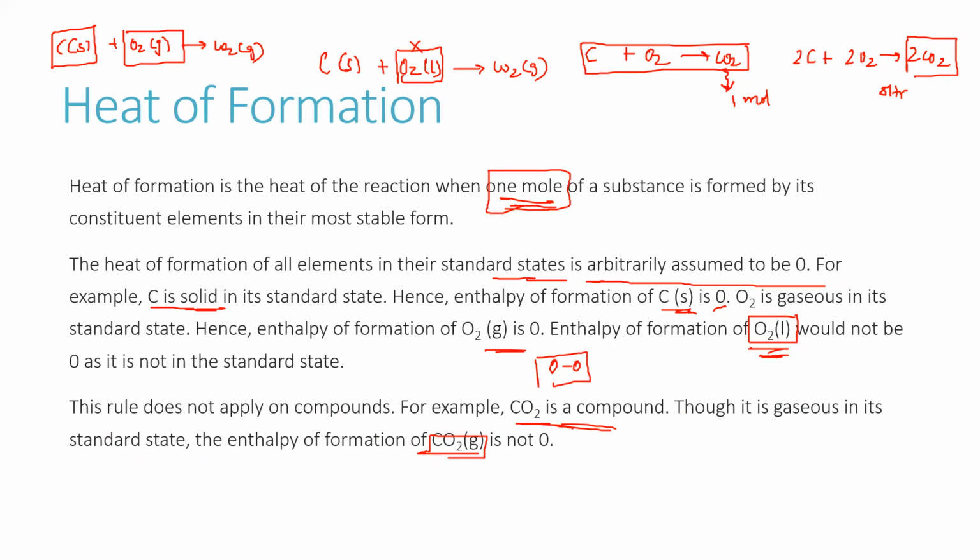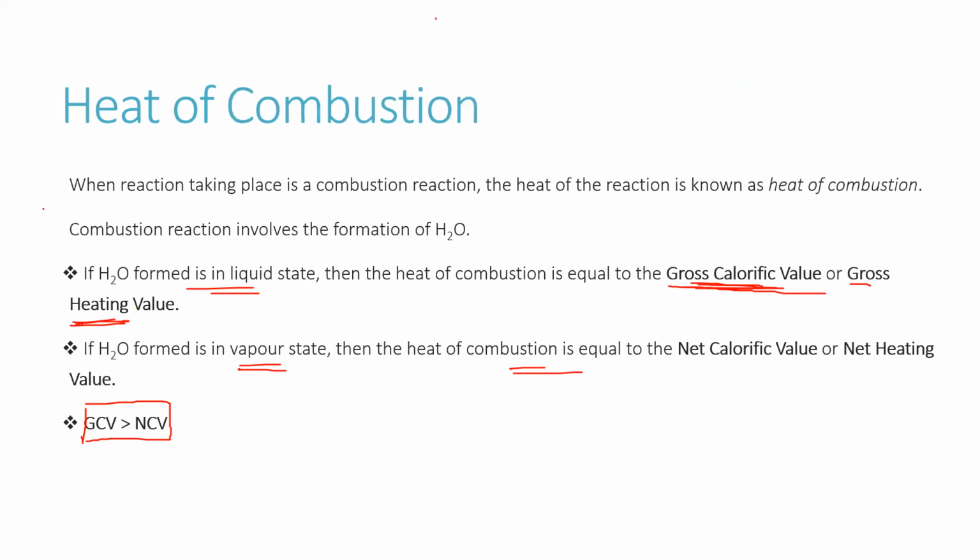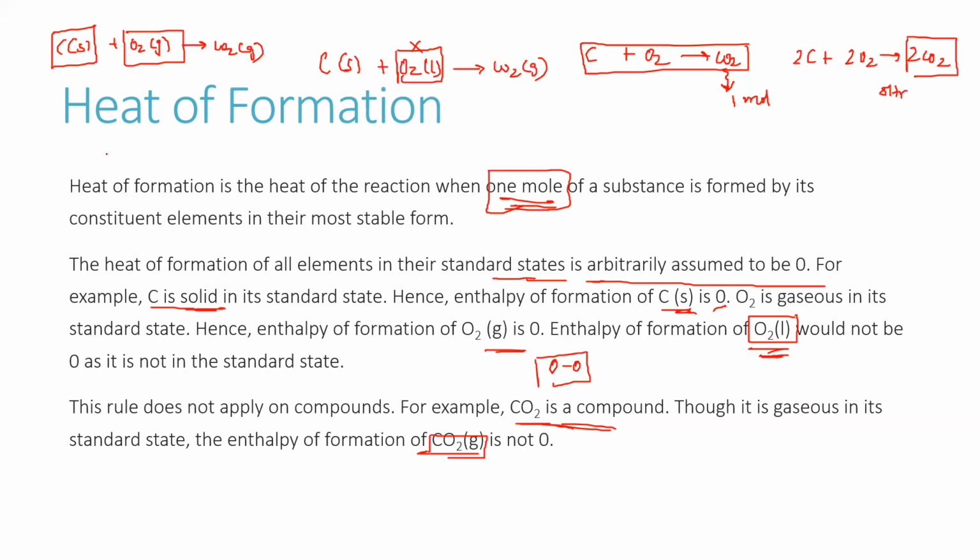There is going to be some enthalpy of formation for CO2. These rules that we define are going to be very useful when we'll be dealing with further calculations of heats of reactions, and we'll be combining a lot of equations all together. So these are the two types of heats that we've discussed: heat of combustion and heat of formation.